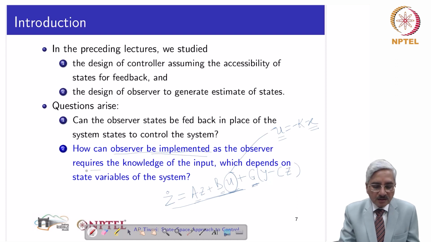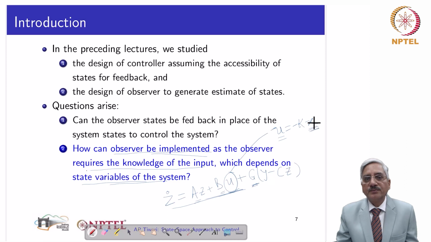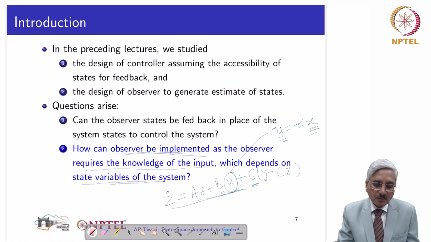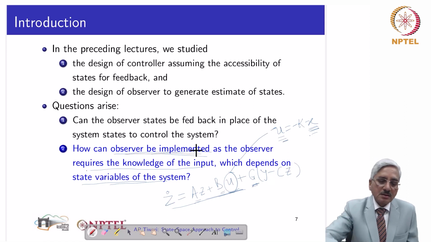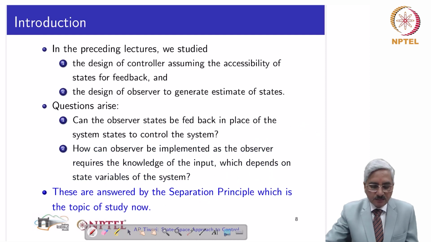The observer requires the knowledge of the input, and the input is dependent on the state variables of the system, which is unknown. x is not known, so how is u known? And if u is not known, then how can the observer be implemented? Both these questions are to be answered by the separation principle. That is the objective of the discussion.